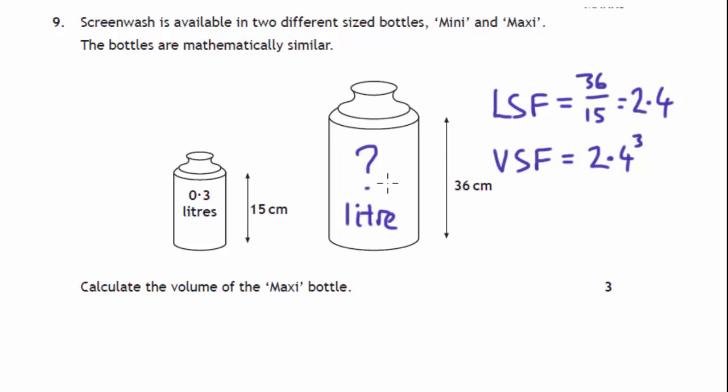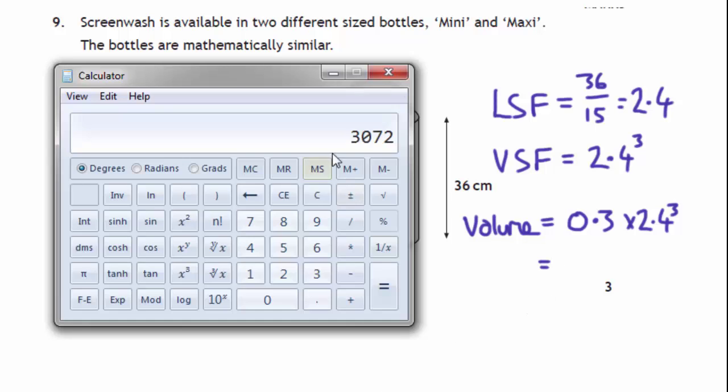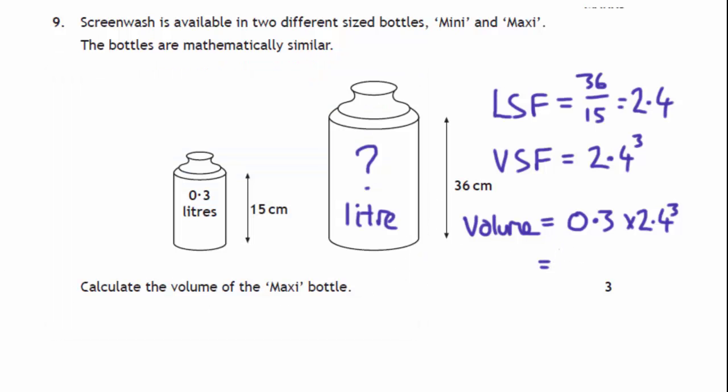Now we can work out the volume of the big milk container by saying volume equals 0.3 times 2.4, cubed. We put that in the calculator, 2.4 cubed, times 0.3, and that's your answer: 4.1472 litres.